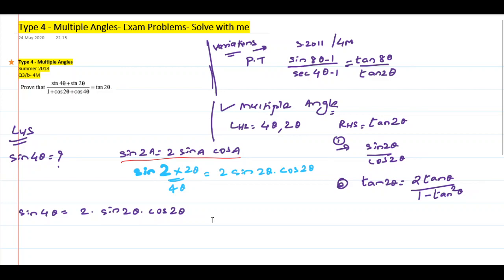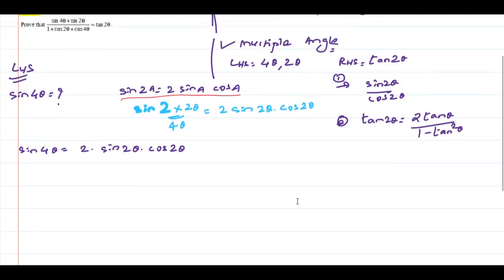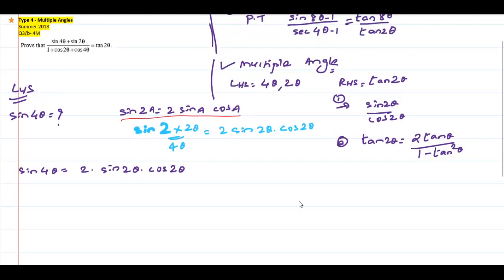And also I know, okay, let's try to substitute what we learned here into this formula. If I keep on building this, let me just scroll it down a bit. Okay, that's good. So if I keep on building this, what will happen is the left hand side of the equation will be 2 of sine 2 theta cos 2 theta plus, from the given equation, I know that sine 2 theta is there.